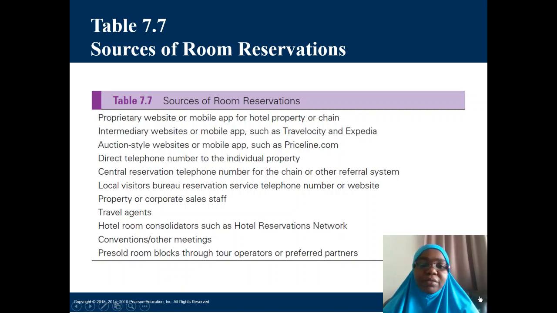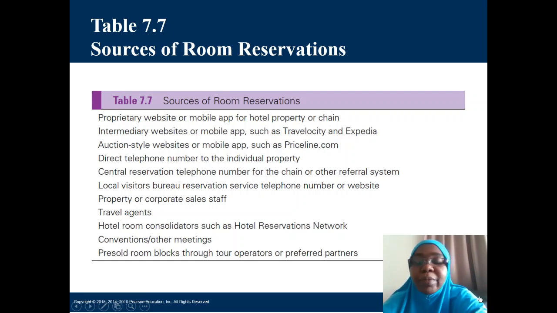Sources of room reservation. Sources of room reservation are numerous. Nowadays, of course, with the advent and development of information technology, there have been so many developments, all right, in the ways or sources from which people can actually make room reservations.